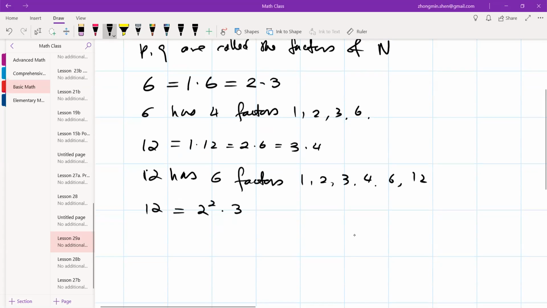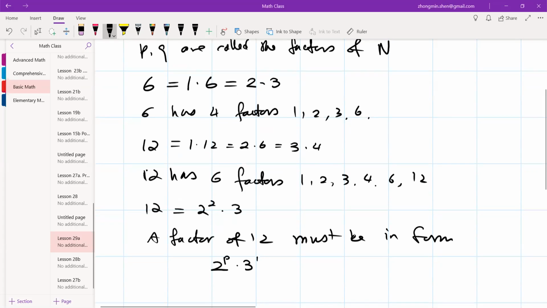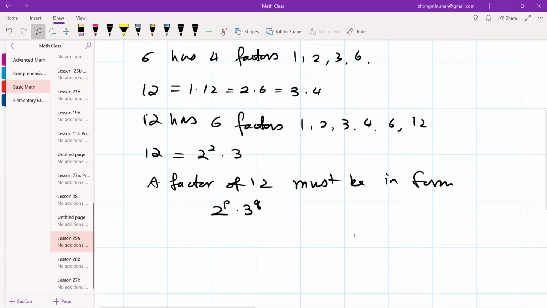So a factor of 12 must be in the form 2 to some power and 3 to some power. But P cannot be larger than 2, so P can be 0, 1, and 2. Q can be 0 and 1, cannot be 2, otherwise you get 3 squared.